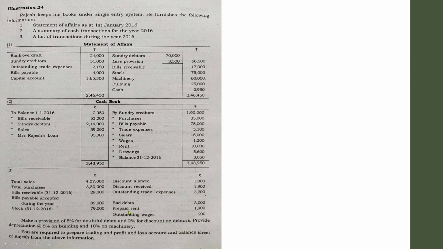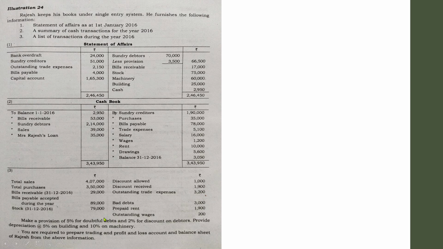Next, bad debts is given, prepaid rent is given, outstanding wages is given. Apart from that, you need to make provision for doubtful debts as well as discount on debtors. It's a tricky adjustment. Why it is tricky is that you need to find out the provision for doubtful debts.